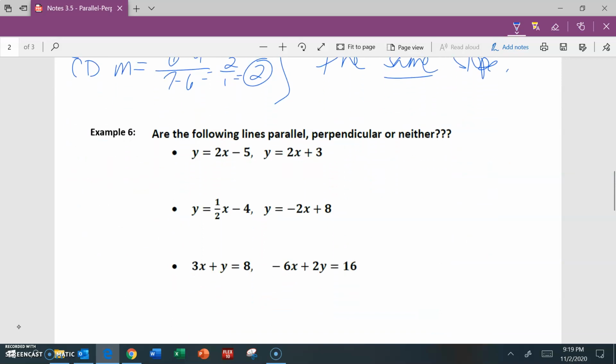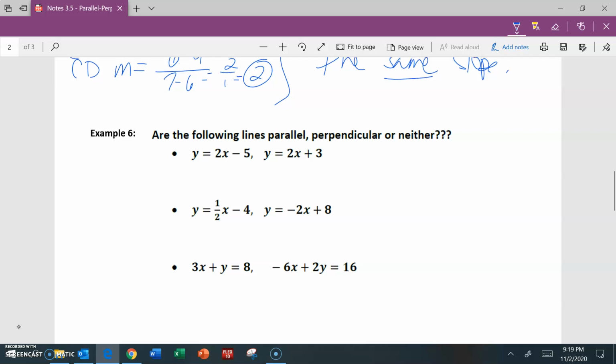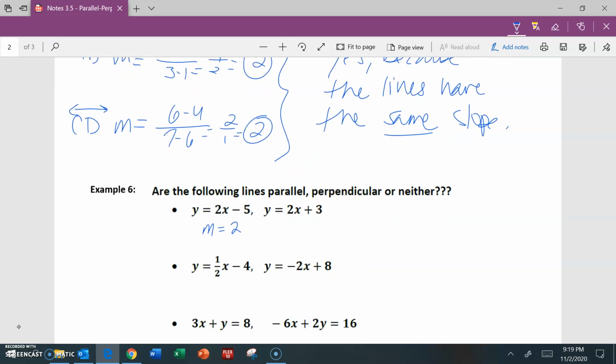All right, example 6. It's kind of like 3 separate questions here. For the first bullet, we have 2 equations of 2 lines, and are they parallel, perpendicular, or neither? I think what would help is to write down the slope under each one. Here we have a slope of 2. It's already in slope-intercept form. Here we have a slope of 2.